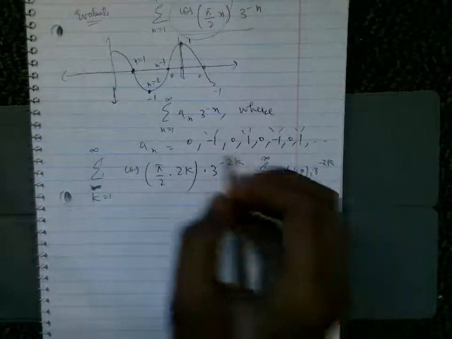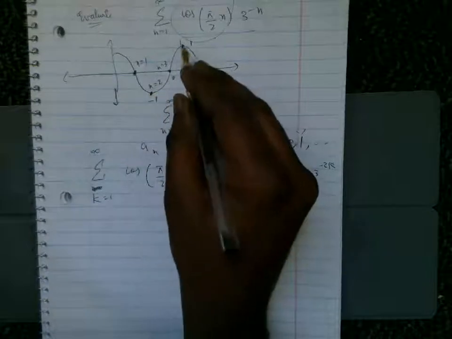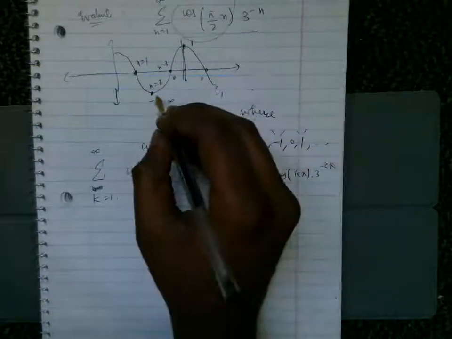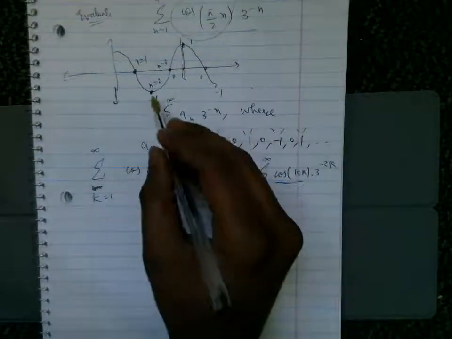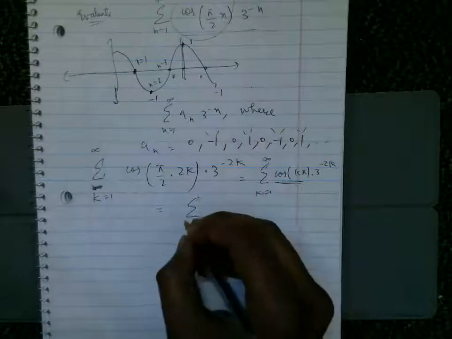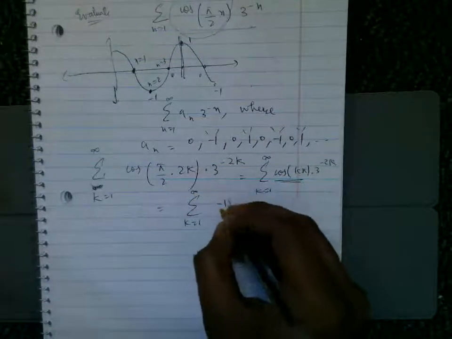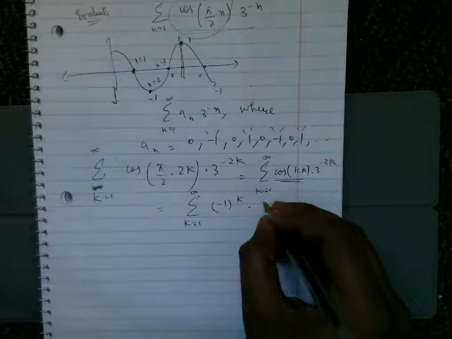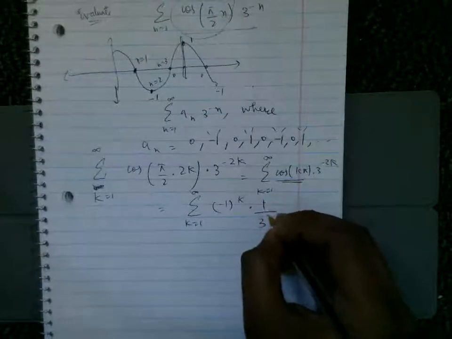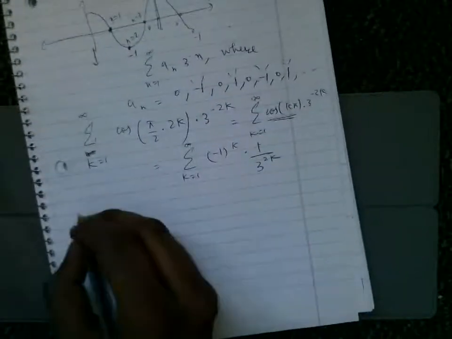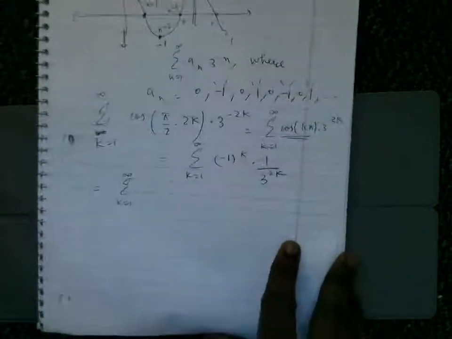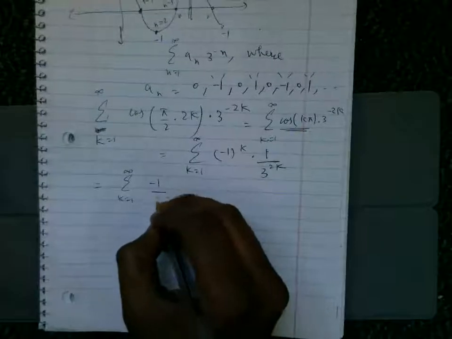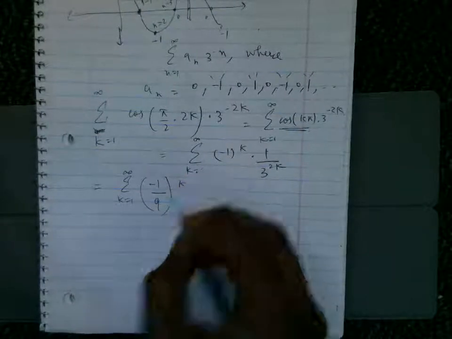And now cos of k pi is nothing but minus 1 and 1, minus 1 and 1, and so on. So this can be written as minus 1 to the power k, because it is minus 1 when k is odd and 1 when k is even. So minus 1 to the power k times 1 by 3 to the power 2k. So therefore this can be written as the sum over minus 1 by 9 whole to the power k.